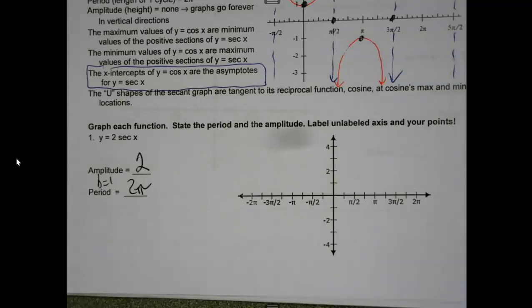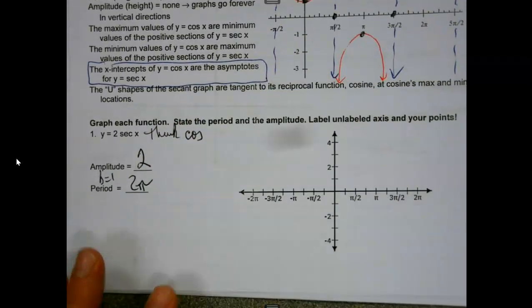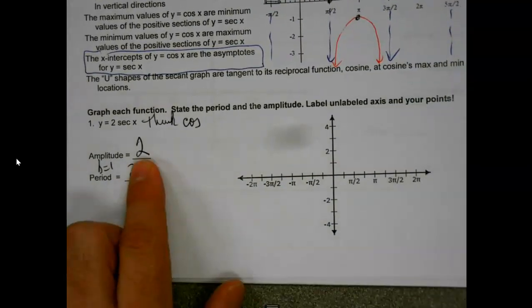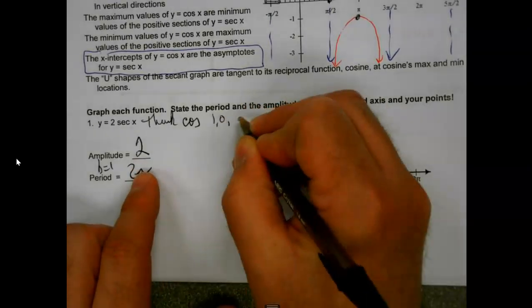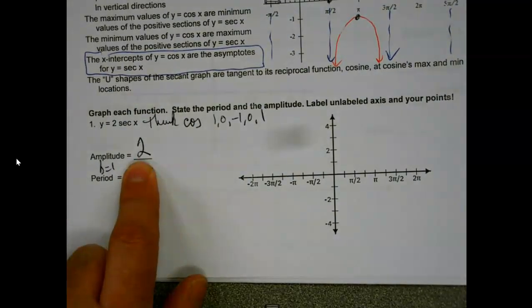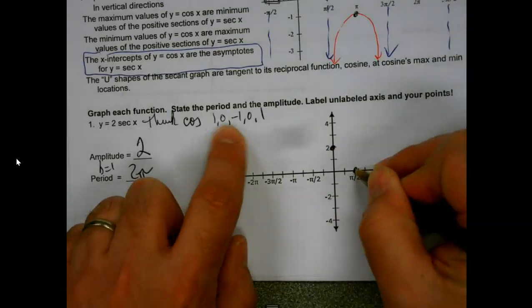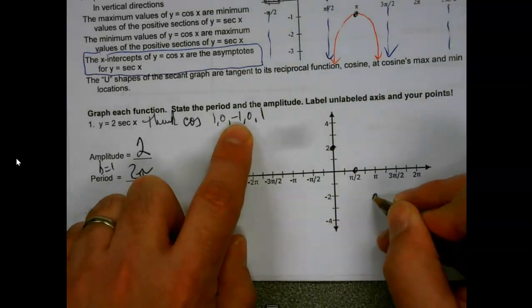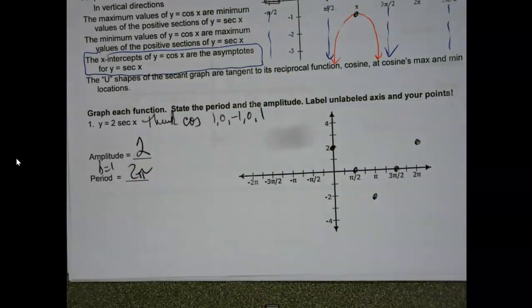So again, think about cosine. If the amplitude's 2, remember it's like 1, 0, negative 1, 0, 1. There's my base cosine, but I'm multiplying them all by 2. So 2, 0, negative 2, 0, positive 2. But don't connect them.